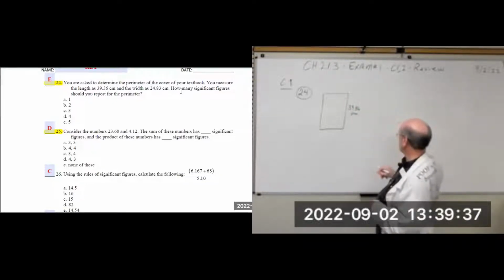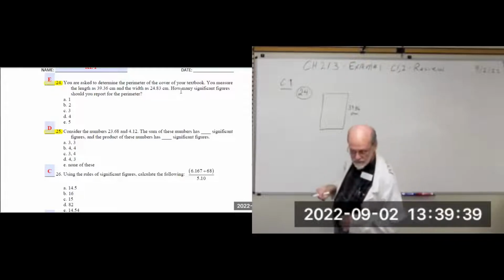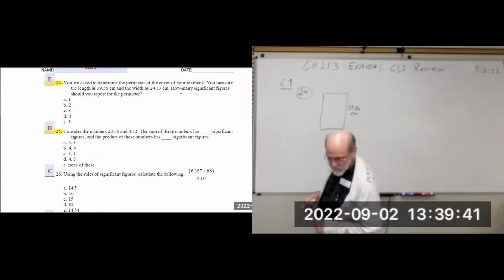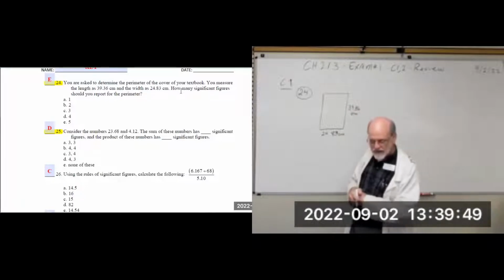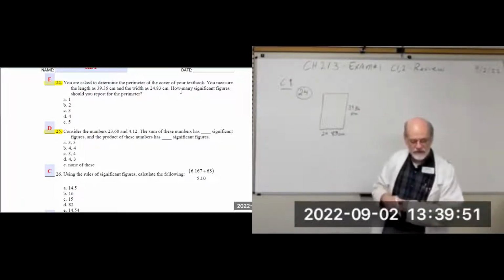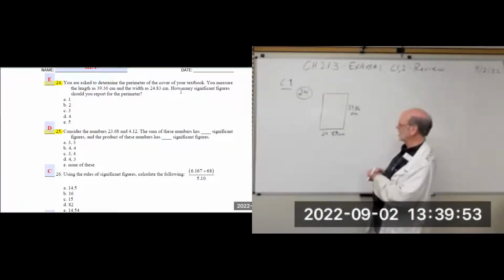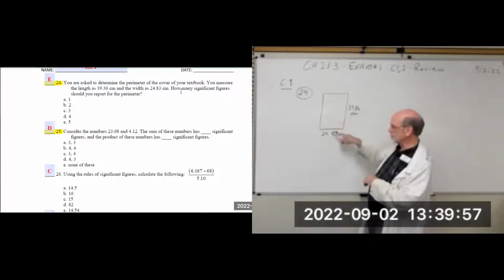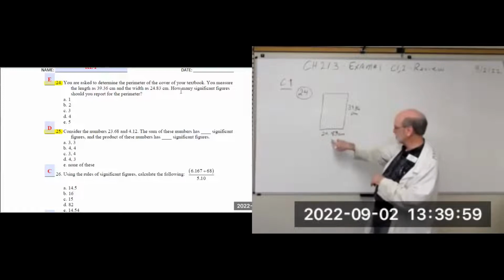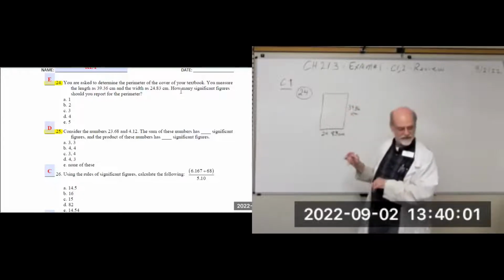Okay. And a width of 24.83. Okay. And we're asked for the perimeter. So how do we determine the perimeter? That plus that plus that plus that, right? Because you've got two of these here, two of those there.